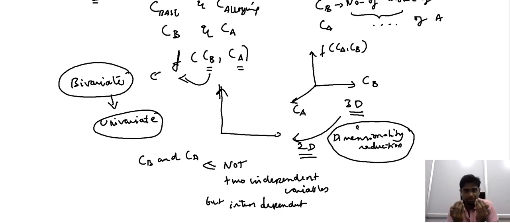Once we are able to establish a relation between these two variables, then using that relation we will be able to replace these two variables with one, thereby translating a bivariate function to a univariate function, thereby establishing a dimensionality reduction. That makes our job rather easier to handle in the subsequent cases.